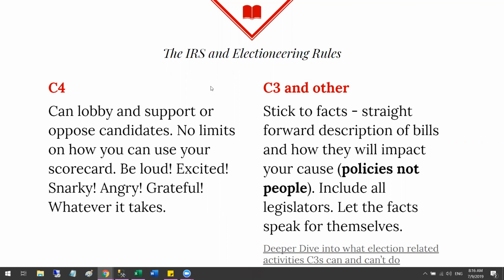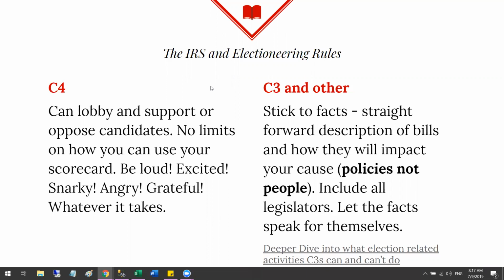Especially as things get close to election time, that's something to be aware of. Make sure you're dealing with elected officials if you're a C3, issues, not people. So stick to those issues and not candidates. C4, you can deal with both the elected official side and the candidate side.